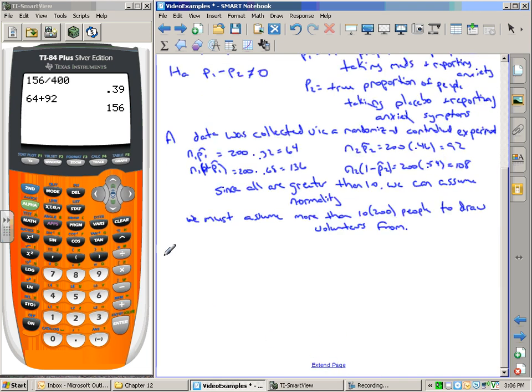Next up, we're going to name it. So this is a 2 sample z-test for differences in proportions.